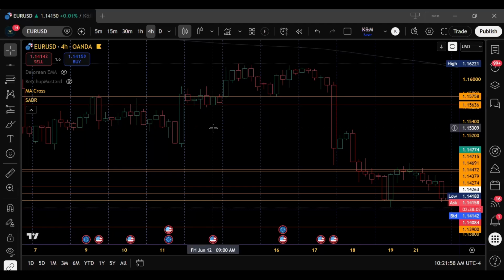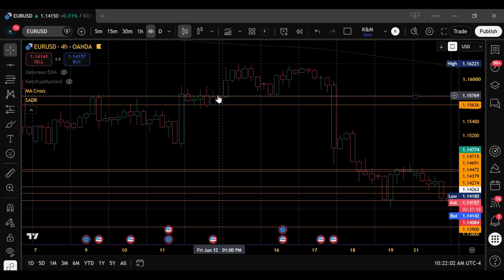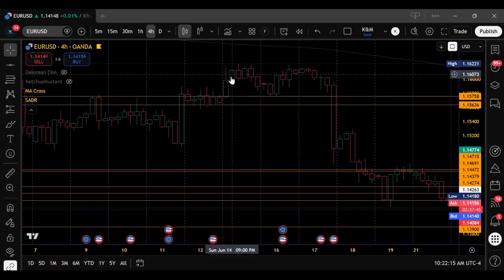Really, this is where the end of the week comes in, and this is where accumulation ends for the week. And sometimes when the market opens back up, since it's Friday, there's a gap. What they're doing is pushing out of a zone when the market opens back up on Sunday.